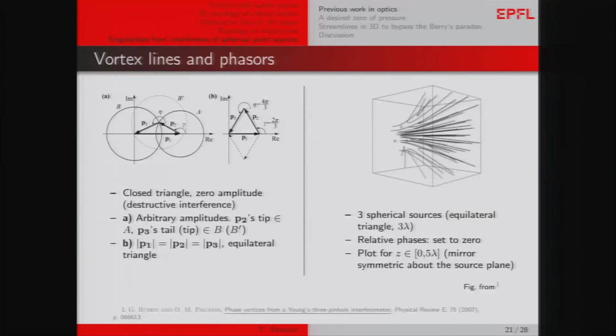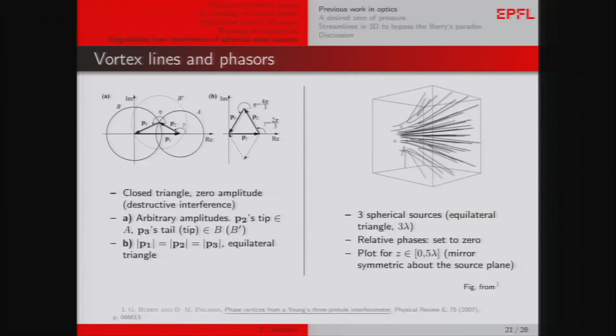So here they use, for example, a phasor way to observe those types of singularities. Let's say you have P1, P2, P3. Those are 3 phasors with the amplitude of the monopole and the phase of this monopole. And if you're able to have a closed loop, a closed triangle here, then you have these singularities because it goes to 0. This is what it states here.